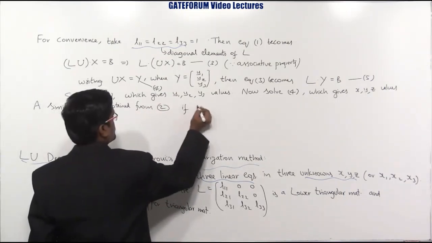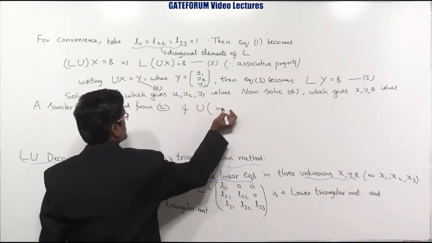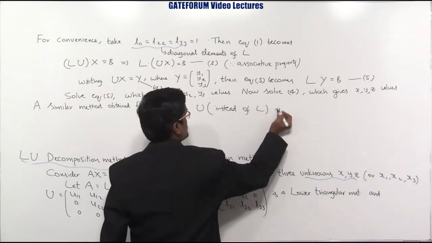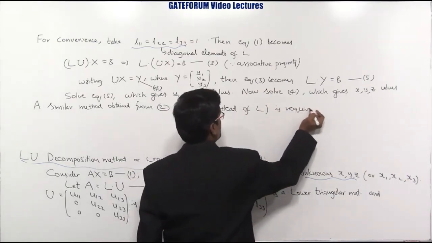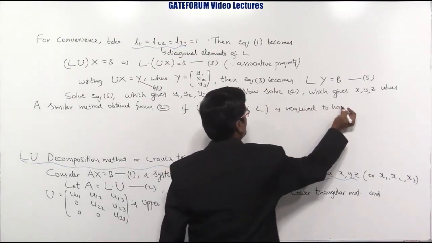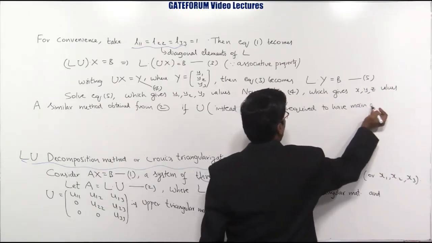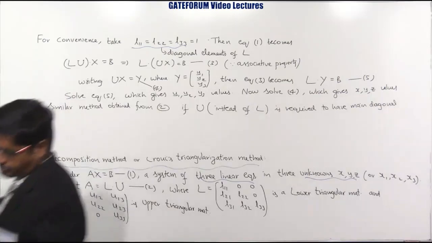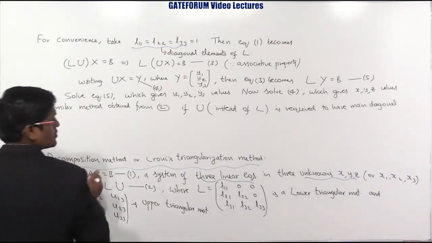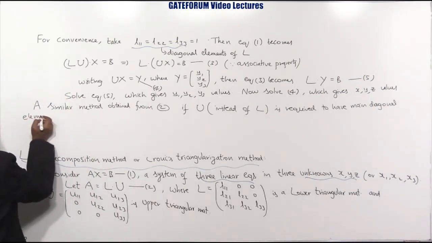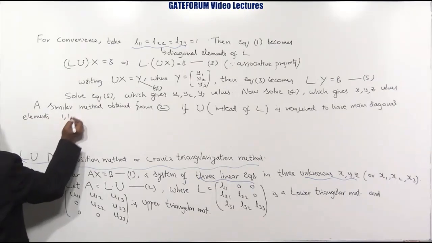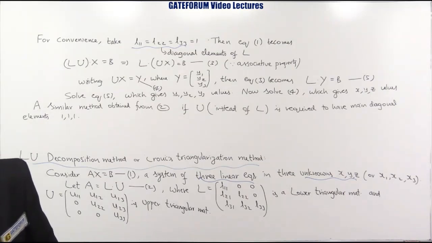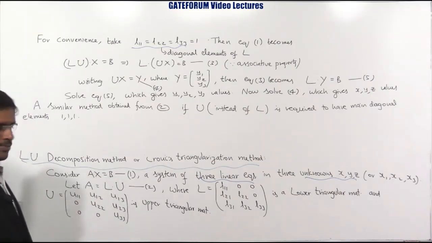If U, instead of L, is required to have main diagonal elements, that is principal diagonal elements, one, one, one. In both cases, factorization 2 is unique. Okay.